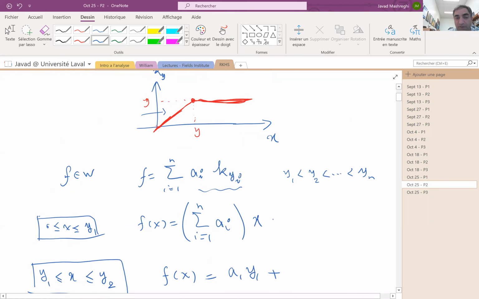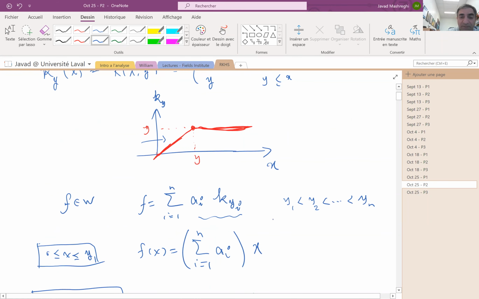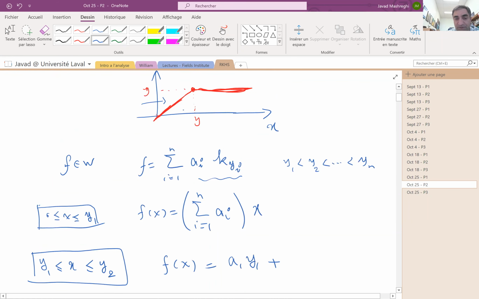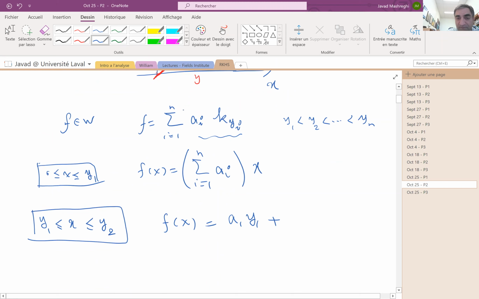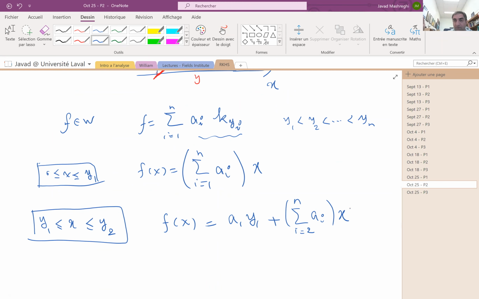But for the remaining n-1 functions, we are in this part of the definition of k. So it becomes the sum from i equals 2 up to n of a_i x. And it continues like this. We go from one interval to another, one term becomes fixed, and our coefficient changes.